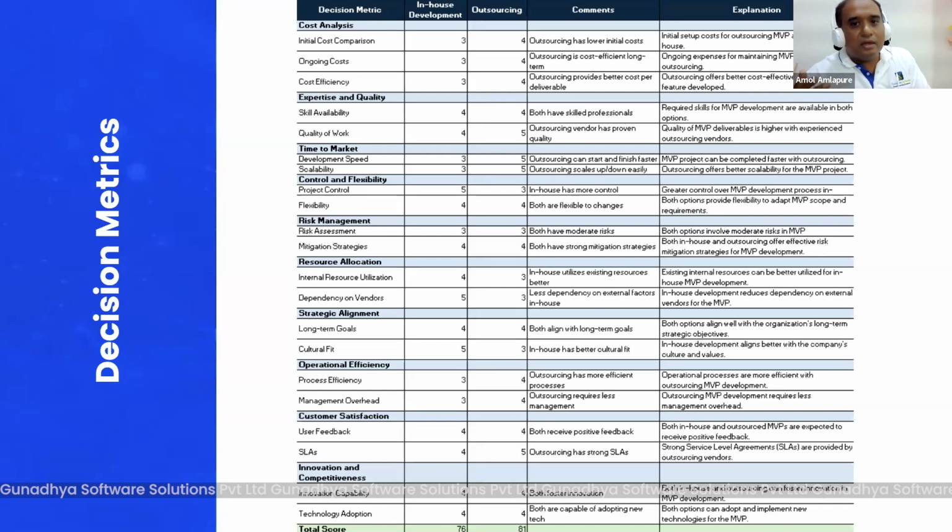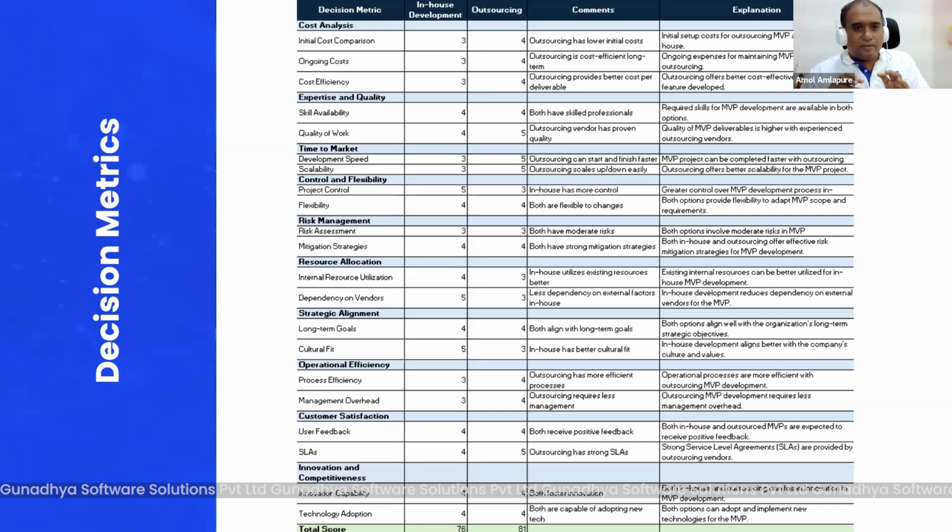But the major decision indicators which I have listed here are cost analysis, expertise and quality, time to market, control and flexibility, risk management, resource allocation, strategic alignment, operational efficiency, customer support, customer satisfaction and innovation, and the last one is competitiveness.